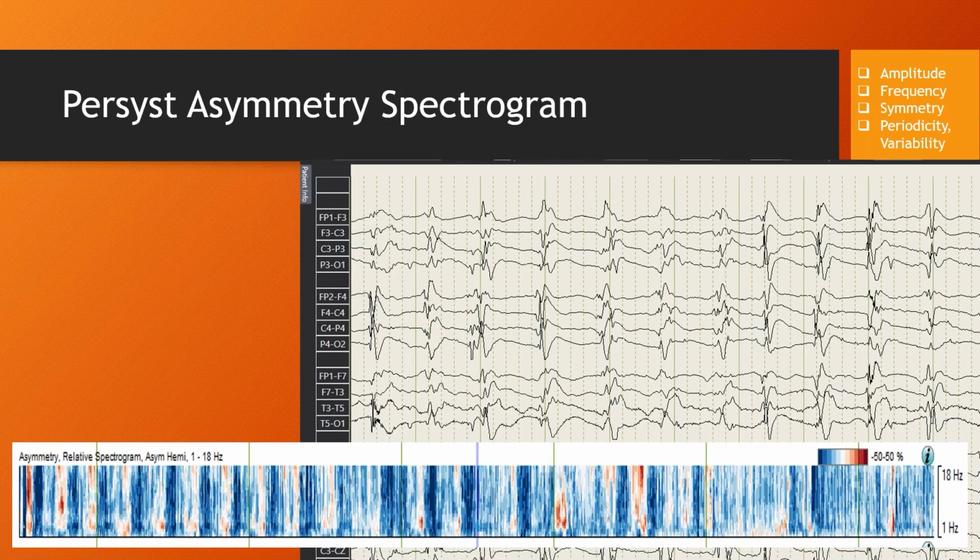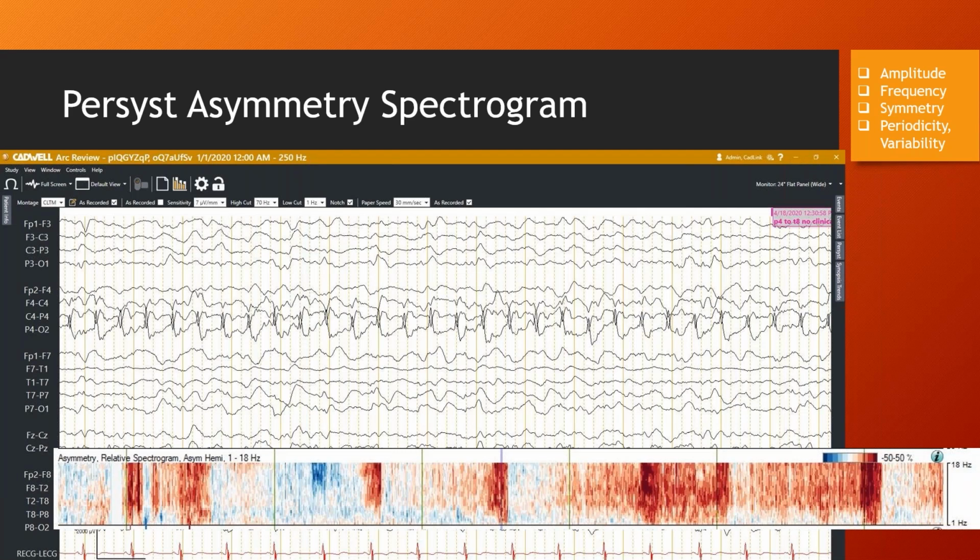The asymmetry spectrogram, this study that we have in particular, not particularly asymmetric, although you do see quite a bit more blue, suggesting that it is more left-sided. And in fact, even though the abnormalities are across all sides, it may be higher amplitude on the left. I'm sorry, on the right.